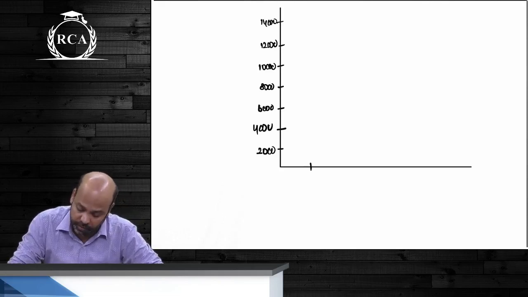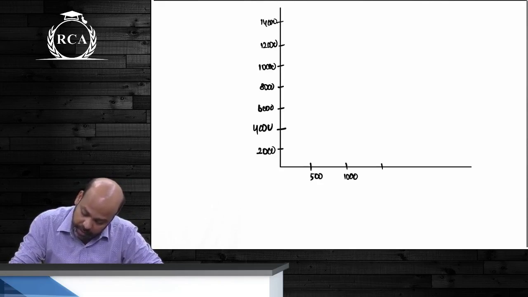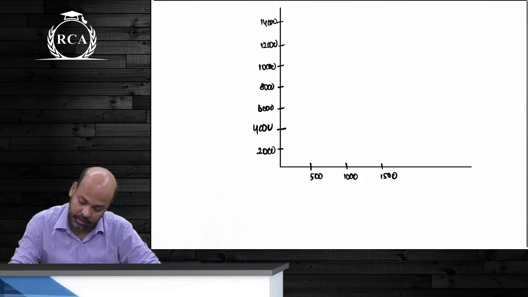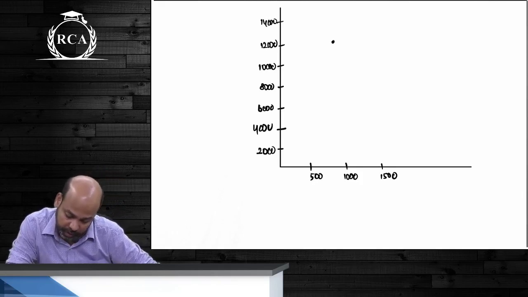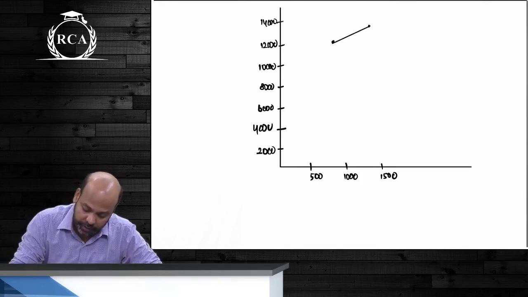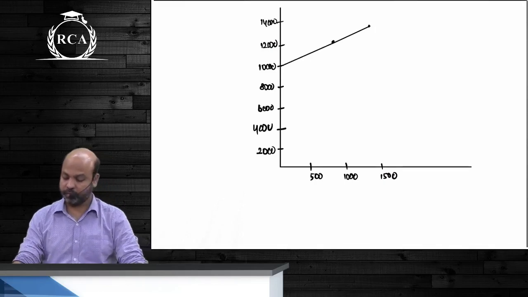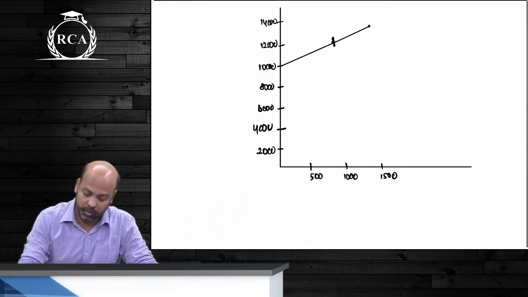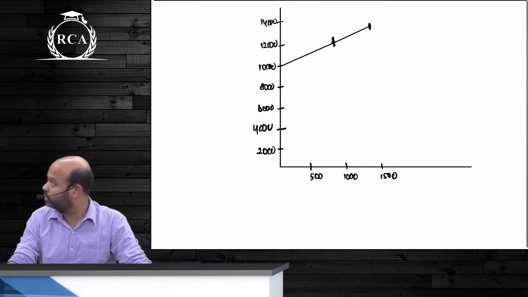Number of units, we are taking 500, 1,000 and 1,500. At 1,000 units, we got the total cost as 12,000 rupees. At 1,500 units, we got the total cost as 13,000. You should join these two points and extend the straight line, guys. This was this point and this point.